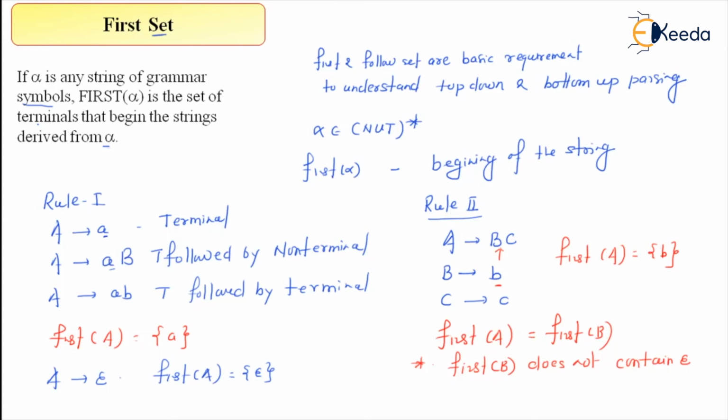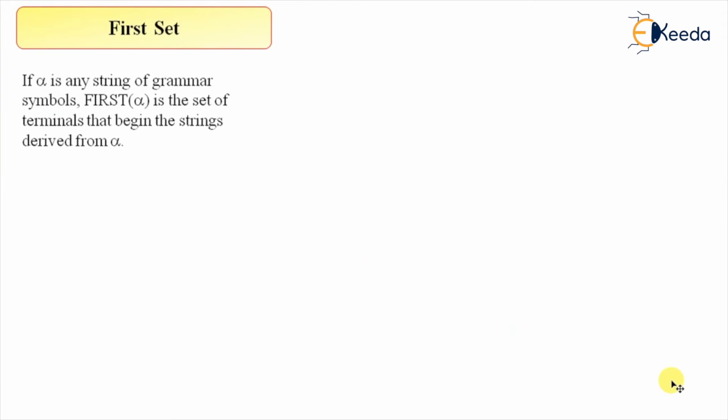So we can proceed to rule number 3. Rule 3 is nothing but an extension of rule 2. It is applied where S derives A, B and C, and A derives a or epsilon, B derives b or epsilon, and capital C derives small c.